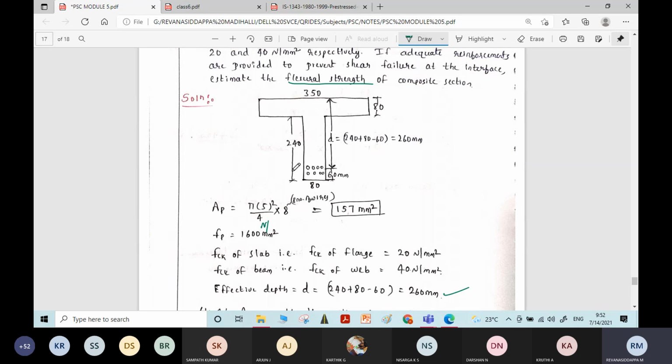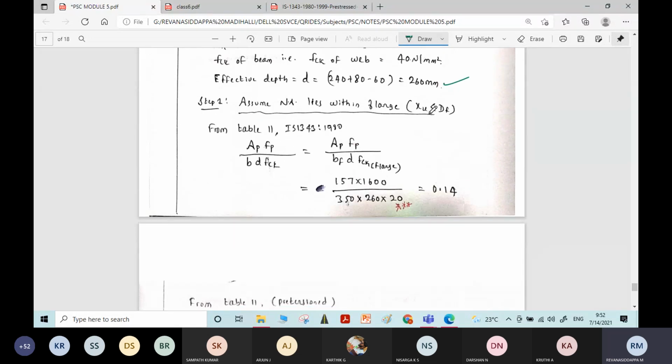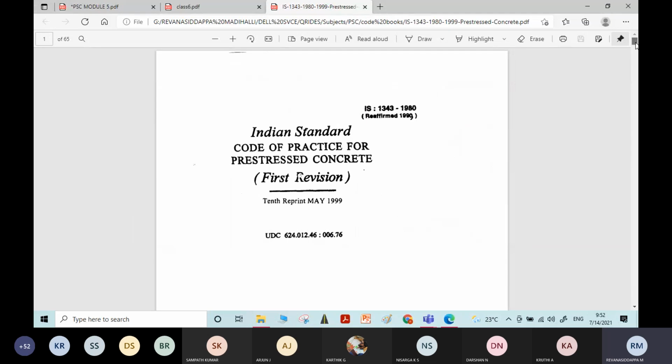Obviously, as the depth is lesser compared to the width of the flange, it will fall within the flange only. Therefore I have assumed the neutral axis Xu lies within the depth of the flange. From table number 11 of IS 13443, I have calculated the ratio Ap fp divided by b d fck. I will go to table number 11.